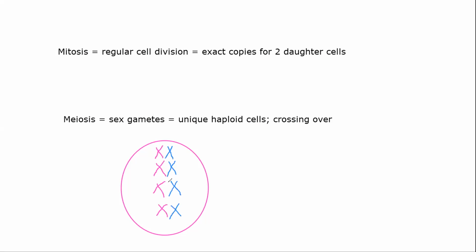Then we end up with mutations that happen to our chromosome numbers. Let's say these go to divide during meiosis 1, and then we go on to meiosis 2.